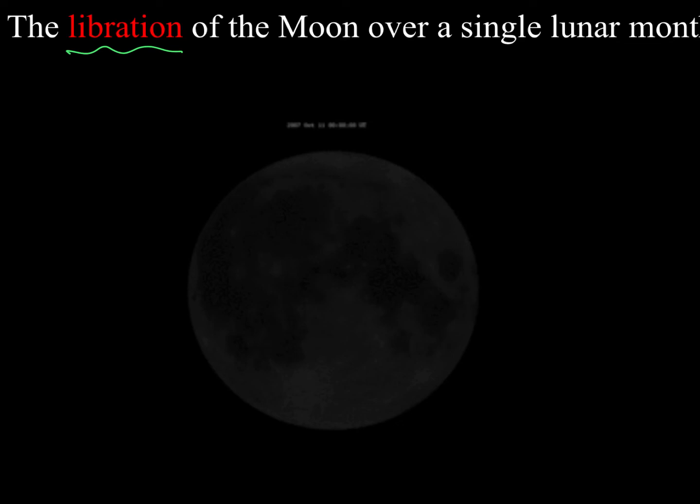Libration is kind of a hula hooping motion that actually allows us to see slightly more of the moon in a month than just half. The moon rotates back and forth slightly as the phases change. It's a wobbly motion similar to the precession that Earth has.